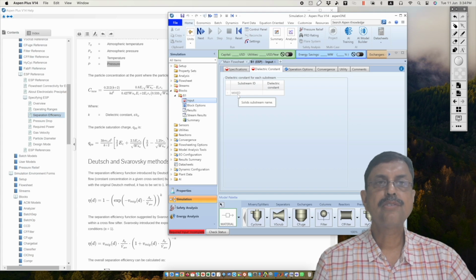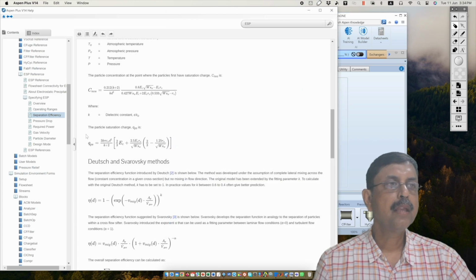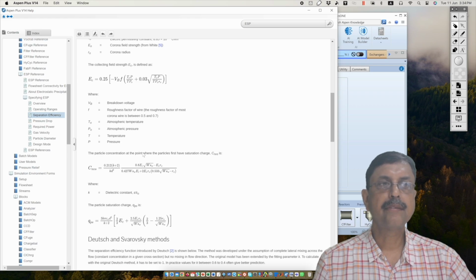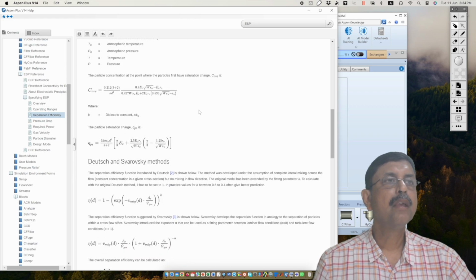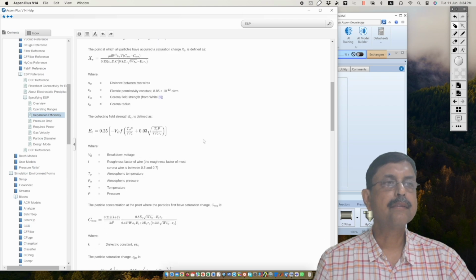So whichever stream you have, the dielectric constant has to be mentioned over there. And the particle saturation charge will be calculated by this equation, where everything Aspen would calculate from the previous expressions. So this is how the Crawford model works.